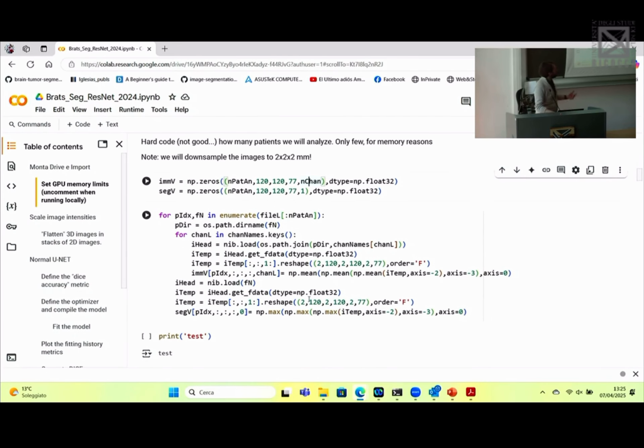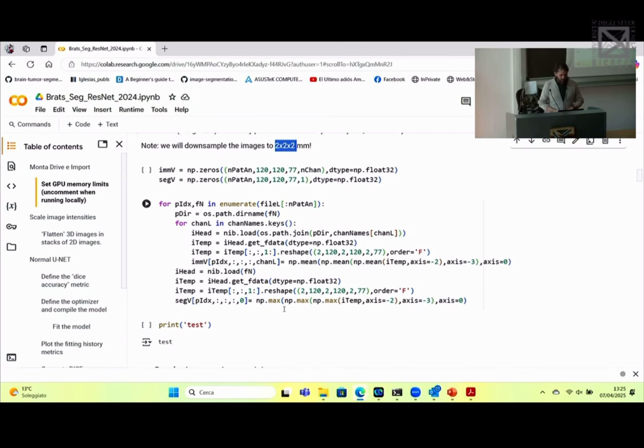Then, during the reading, I downsample the images to 2 by 2 by 2 millimeters instead of 1 by 1 by 1 for better computational performance. If you have computational resources, it's better to keep the full resolution. I'm just doing a resampling when reading.